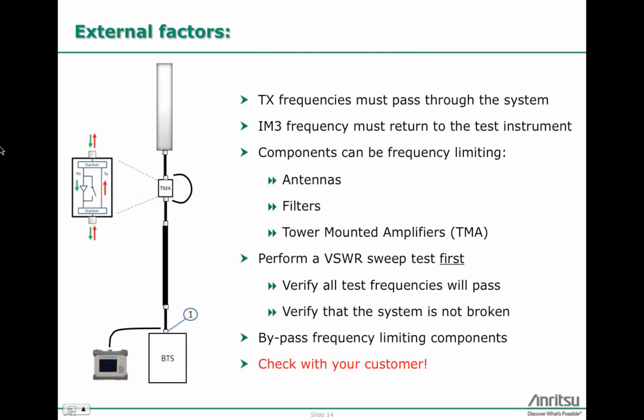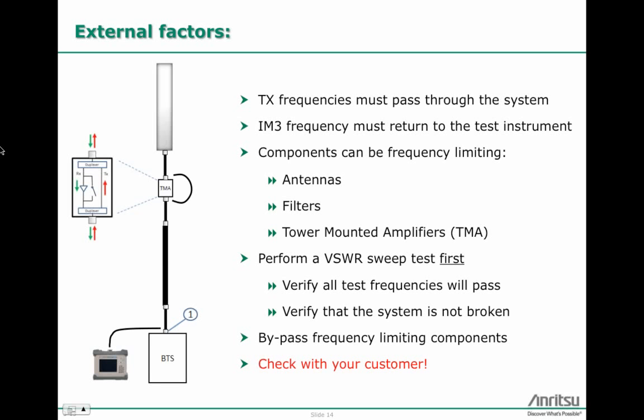If you're transmitting through the transmit port and the IM3 signal you're trying to measure comes out a different port, well, that's not going to work. So make sure that the system you're measuring allows the transmit signals to go all the way through and the IM3 signal to make it all the way back to the system under test.